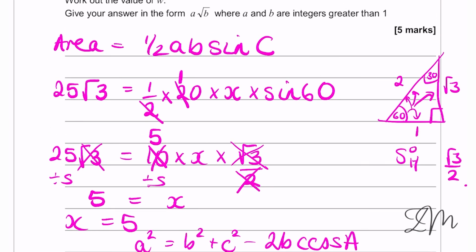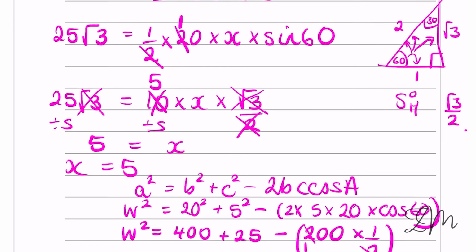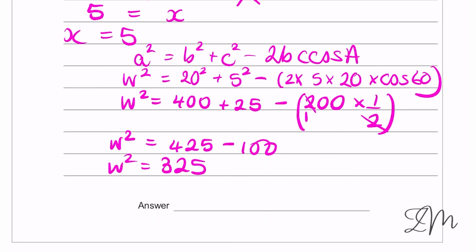Now if you look at the question, it wants it as A root B. Now those are quite horrible. So we get W equals the square root of 325. Now we kind of look at that and go, I'm not sure what it divides by, but there's a 25 in it. And we know 25 is an exact square, so hopefully it divides by 25, which it should do, because we know 100 goes into 25 4 times.